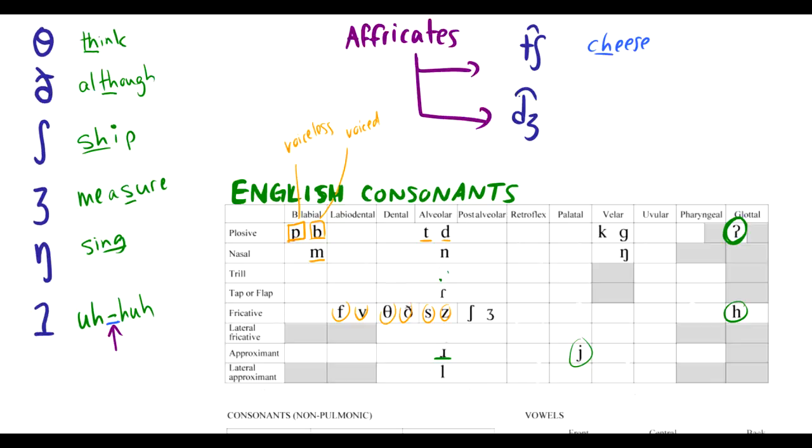Its voiced counterpart, so this one is voiced, this top one is voiceless, is just a d followed by a zh. So we have j, j, j, judge. Judge is a very good word for this. What's cool about this word is that in the word judge, this sound is made twice. It's made with the J here, and it's made with the DGE there.